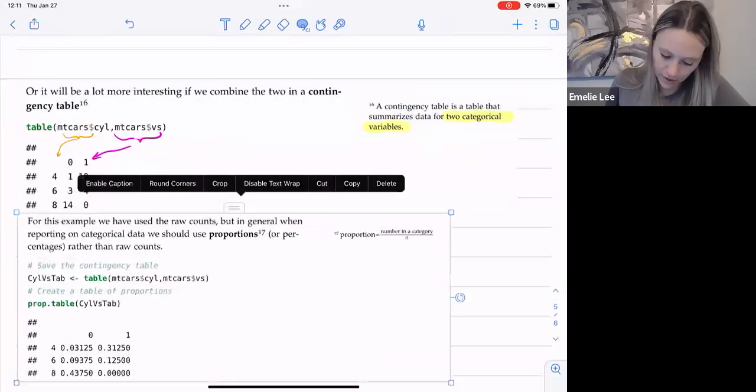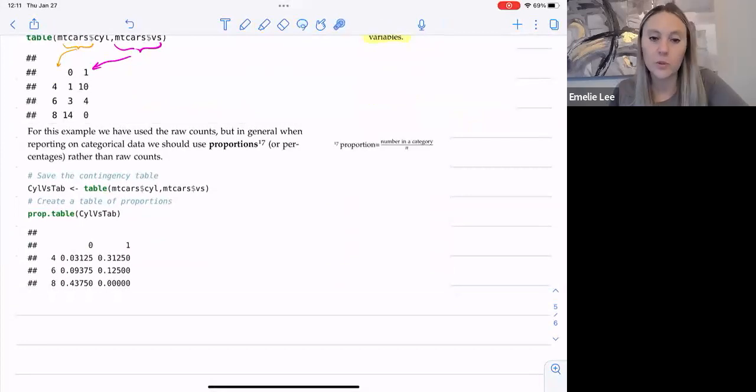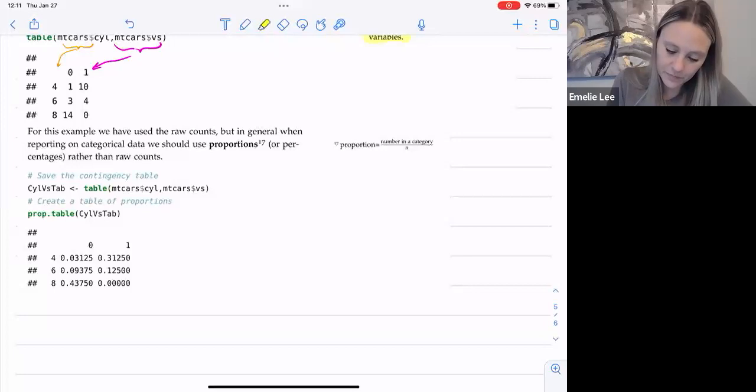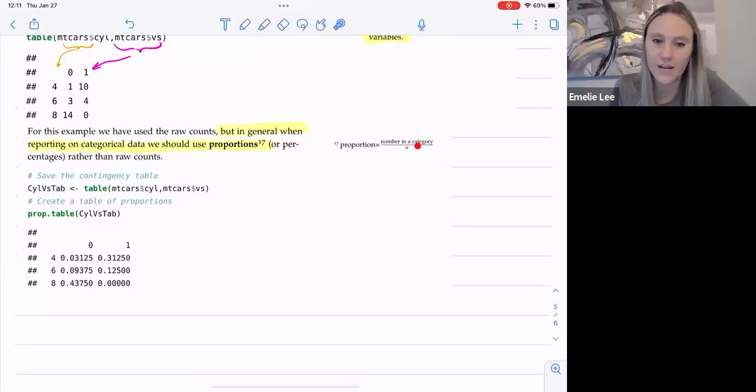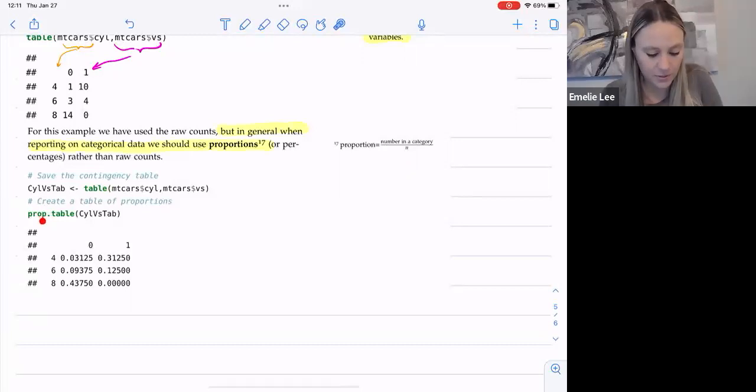The proportions are basically percentages, right? In general, when reporting on categorical data, we should use proportions. So proportions are the number in a category over n. In this case, we have 32. We don't need to divide by 32 explicitly. R has a prop.table command that'll just do it for us.